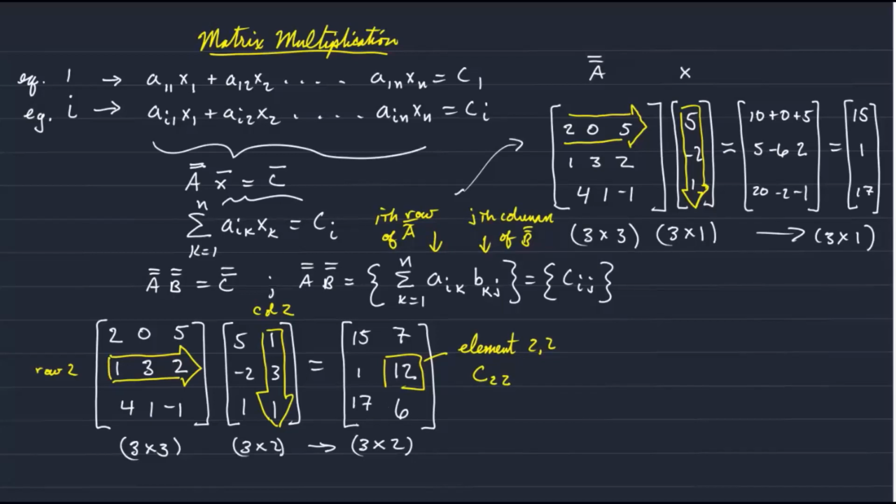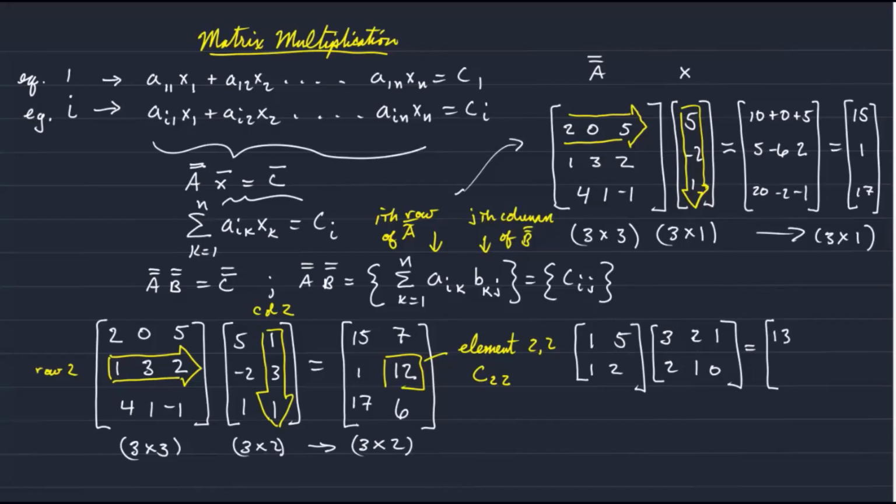And the other example I'd like to show is if we had a 2 by 2 matrix, 1, 5 and 1, 2, we could multiply that by a 2 by 3 matrix, for example, and we would get 1 times 3 plus 2 times 5 is 13.